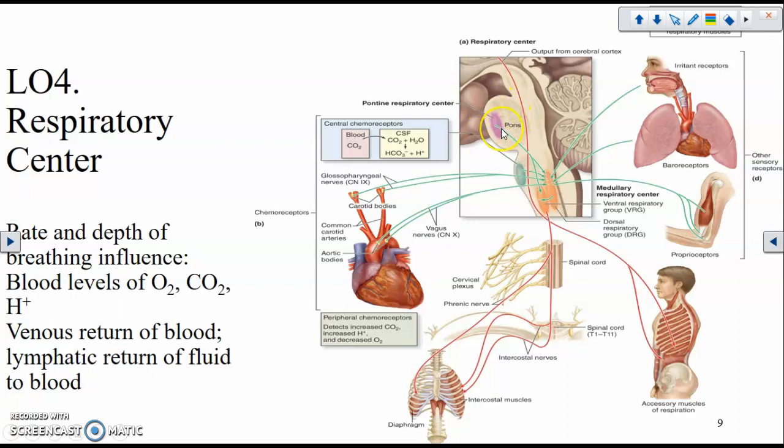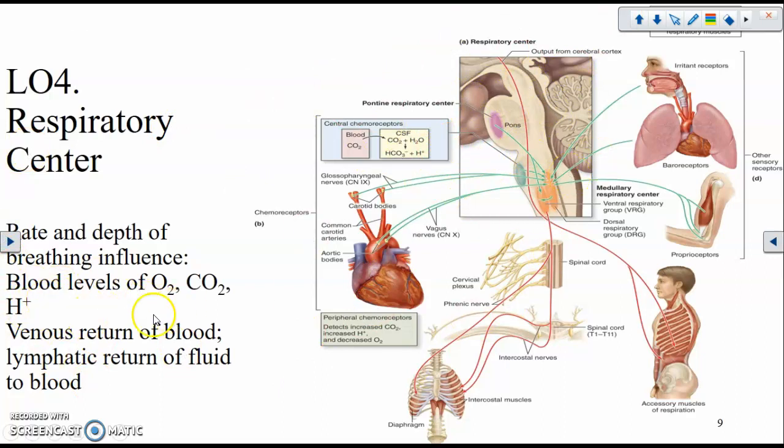The pneumotaxic area, the reason why it's called pneumotaxic, pneumo means respiration, taxi means faster, makes your breathing deeper and faster as well. Okay, and again, there are many reasons why that's the case, but predominantly speaking, low pH. Okay, so I hope that you understand how this nervous system control of your respiratory rate is involved.